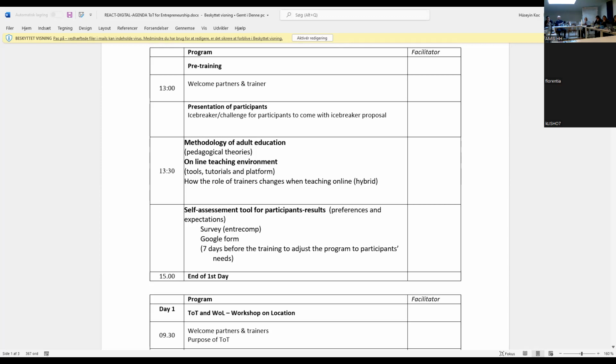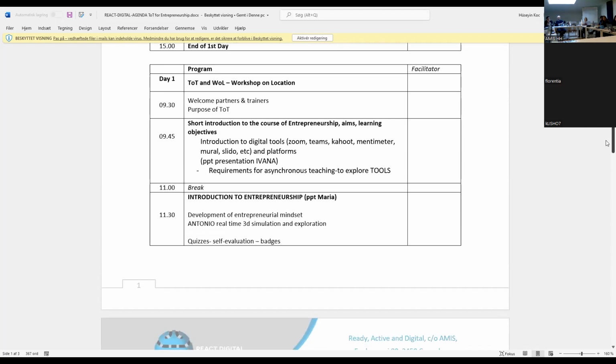Not that we will just do what they want, because we have to stick to the topics, but to see what they need, what they want, and then we will try to rearrange the situation. This can be even 7 days before the training, or even 2 weeks, when we know who the people are. And then we will try to figure out how to meet their expectations of the training. And then the program starts at day 1, in a week or in 2.